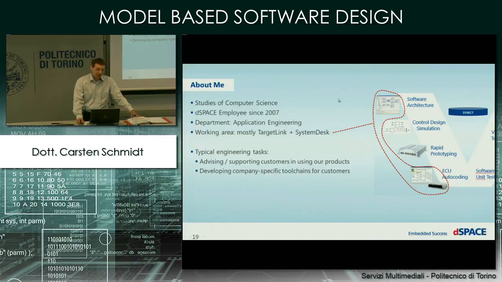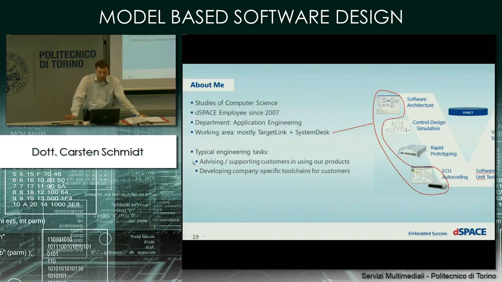So what are typical engineering tasks that I do? So first of all, I advise or support customers in using our tools. So for example, how can things be done in general? It's not quite obvious how to solve certain problems in these tools and so on.